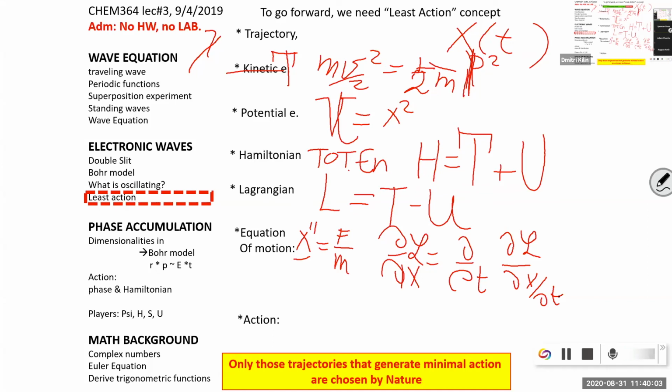And there is a very interesting, important, and mind-blowing concept out of this formulation.